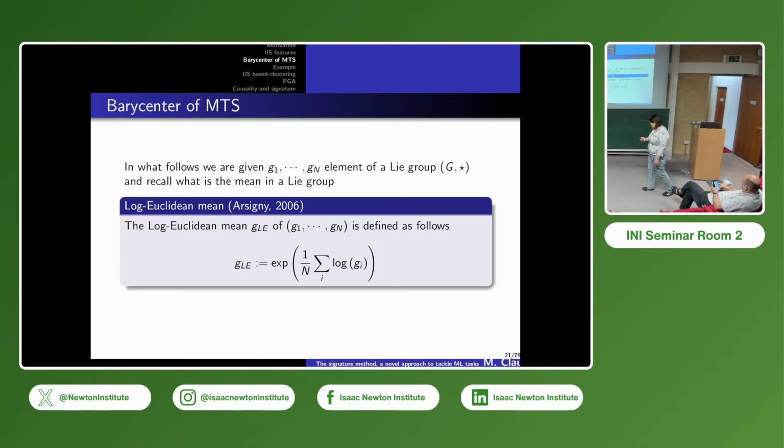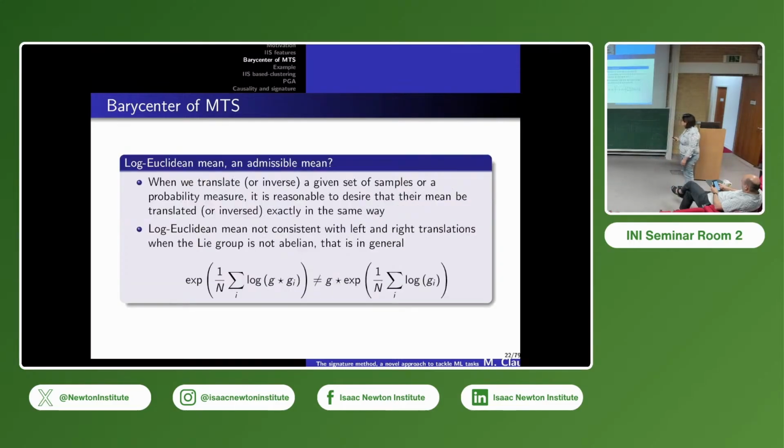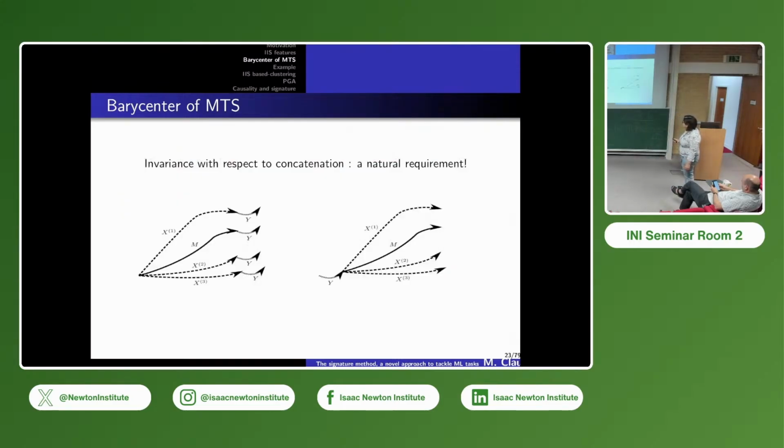But if you do that, it is not working. So what you want to do, in fact, is that you may have some paths, and you want to average these paths, but you want this operation to be invariant with respect to concatenation.